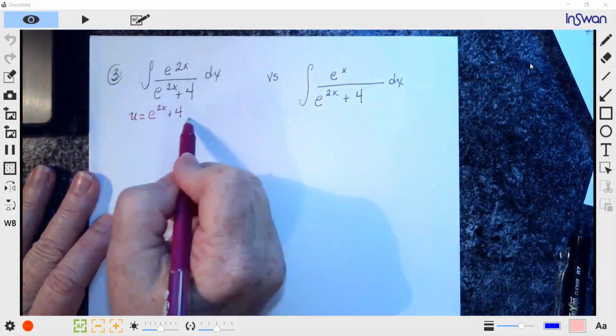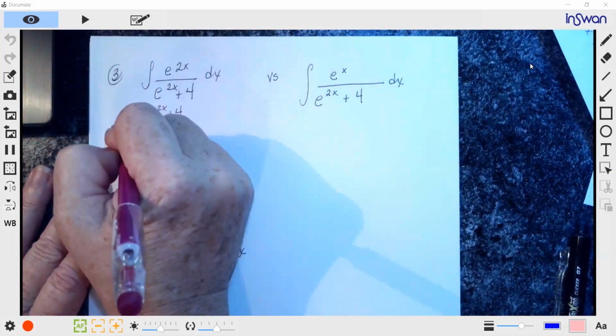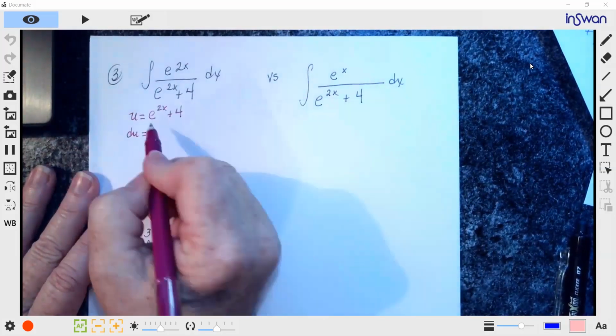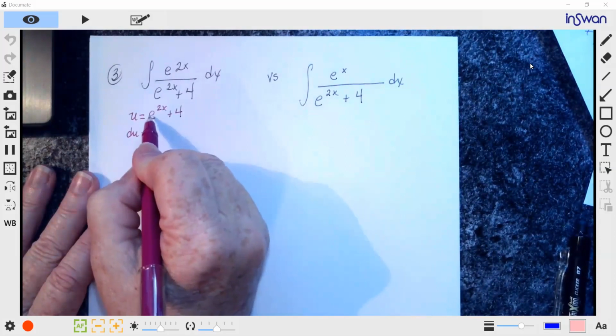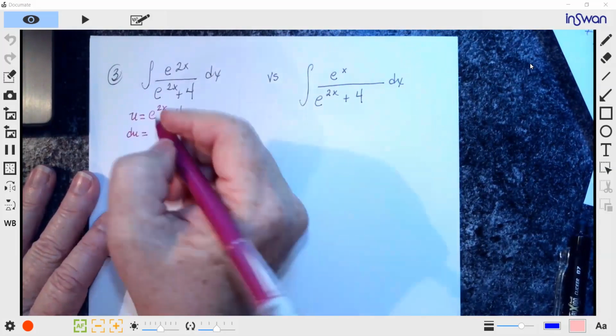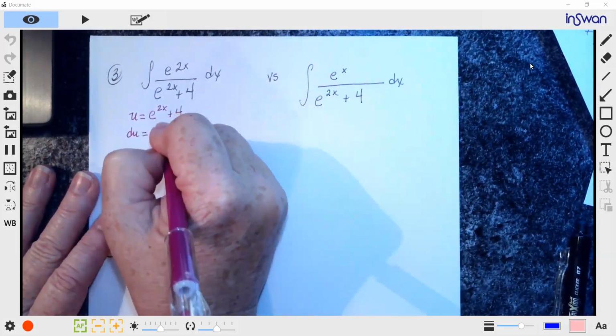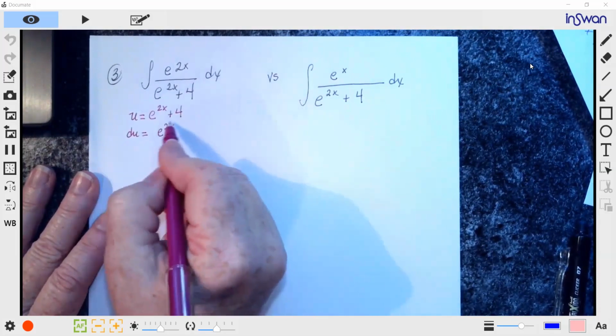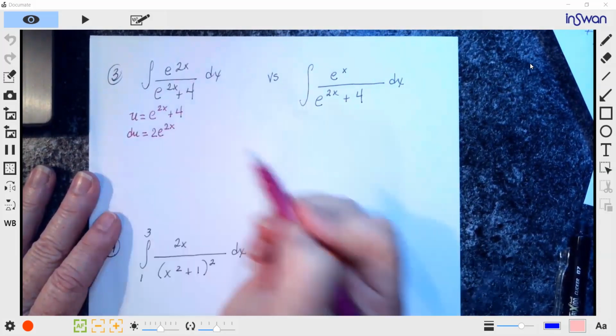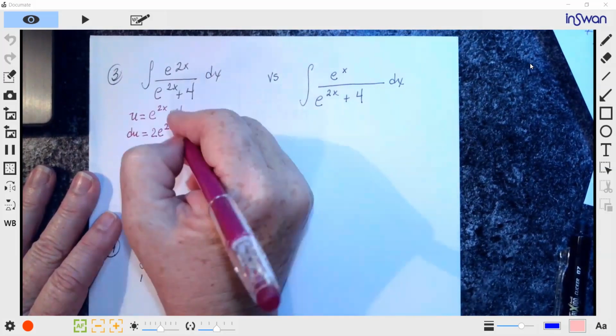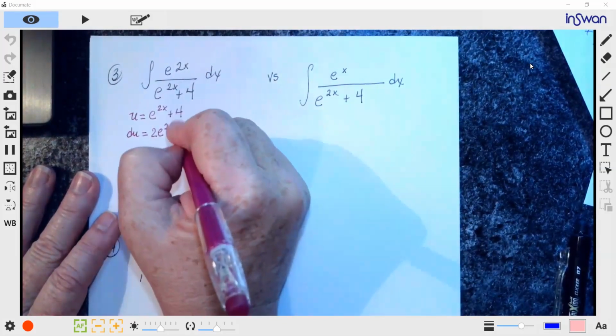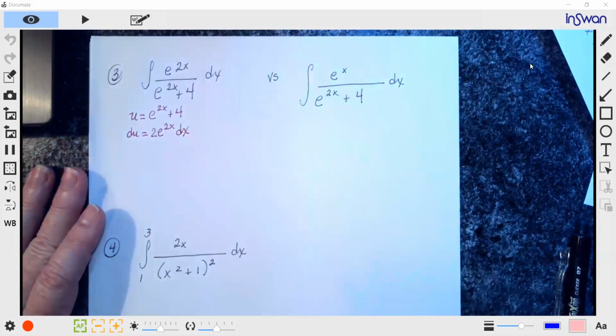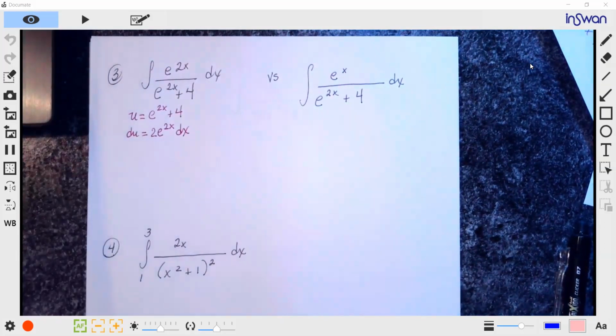If I try that in this case, then the derivative of u with respect to x is what? Well, the derivative of e to the 2x is e to the 2x times the derivative of 2x, which is 2, and then the derivative of the 4 is 0. So du would be 2e to the 2x dx.